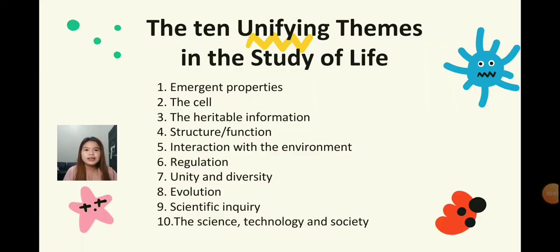So these are the 10 unifying themes in the study of life or in biology. 1, emergent properties. 2, the cell. 3, the heritable information. 4, structure or function. 5, interaction with the environment. 6, regulation. 7, unity and diversity. 8, evolution. 9, scientific inquiry. 10, the science, technology, and society.